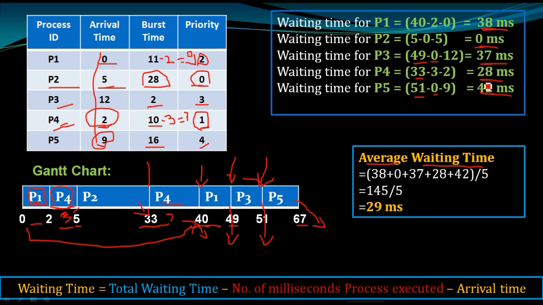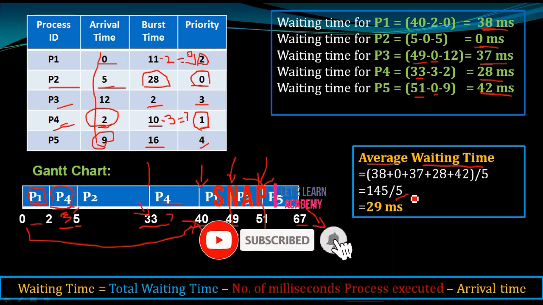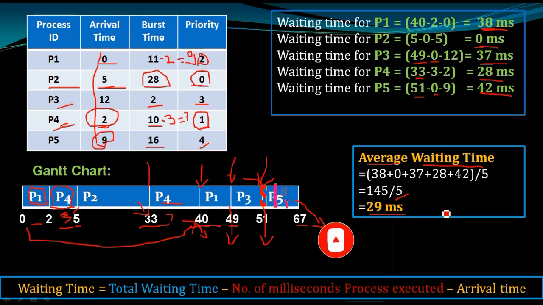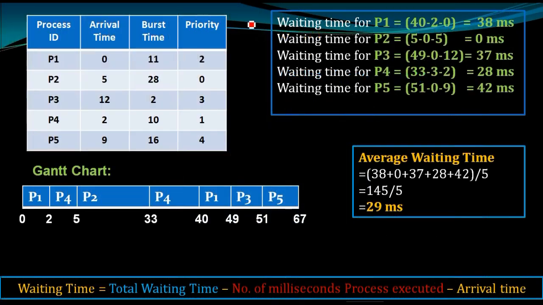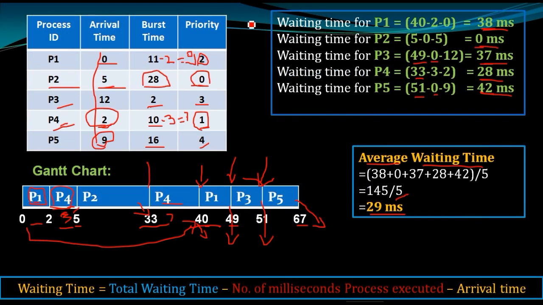So that is 145, which is divided by the number of processes, that is 5. So we are getting 29 milliseconds as the average waiting time of these 5 processes.